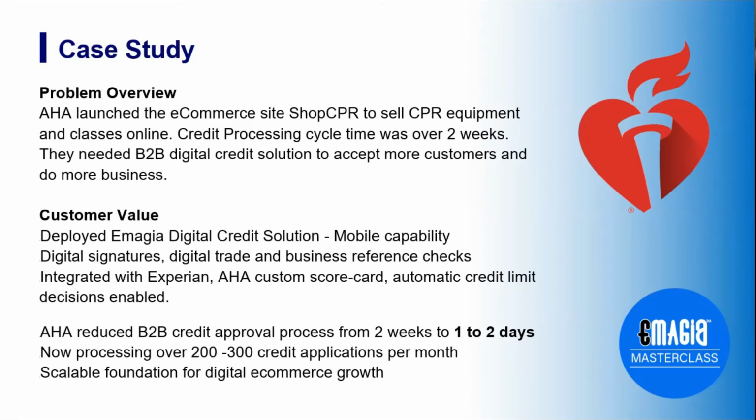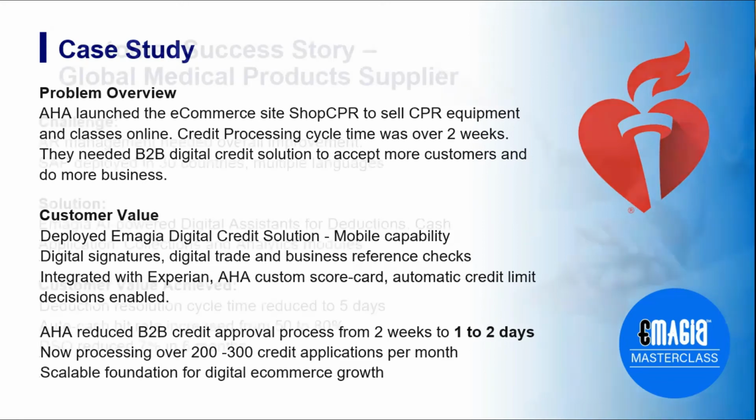So this company implemented the AI technology that we discussed for credit applications, and they got the 2 weeks down to 1 or 2 days. And they're able to accommodate much higher volumes.